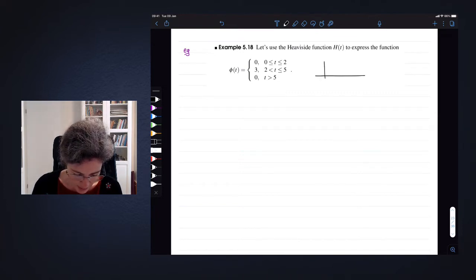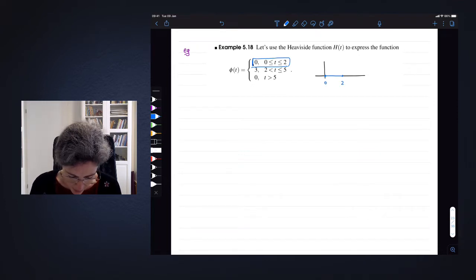So we want it to be 0, so the first bit, from 0 to 2, we want to be 0. Okay, so from 0 to 2, we want it to be 0. From 2 to 5, which will be somewhere over here, we want it to be equal to 3.